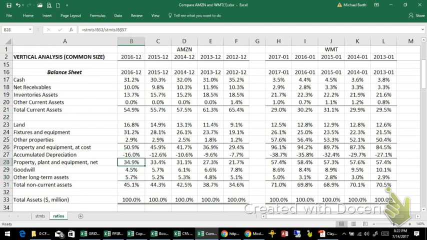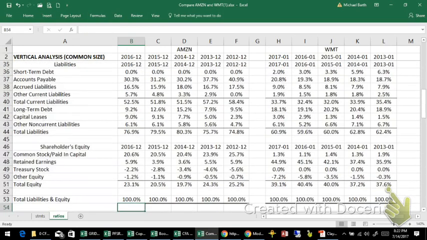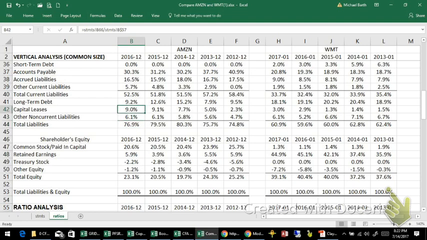So flipping down here to the liabilities and equity side, let's see if we see anything else that leaps out at us. There is no short-term debt. Notice the accounts payable. Accounts payable is money Amazon owes to its suppliers. As a percent of assets, it's gone down from the 2012-2013 level, and now it's running about 30%.